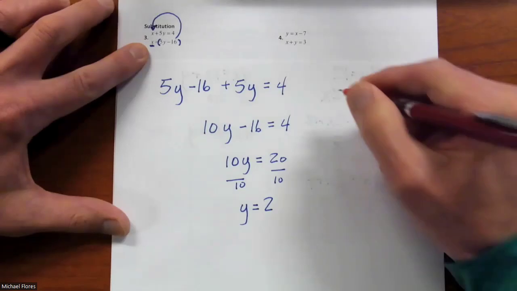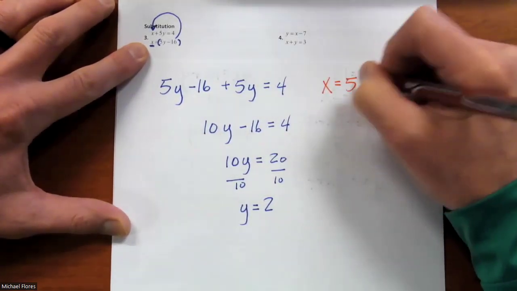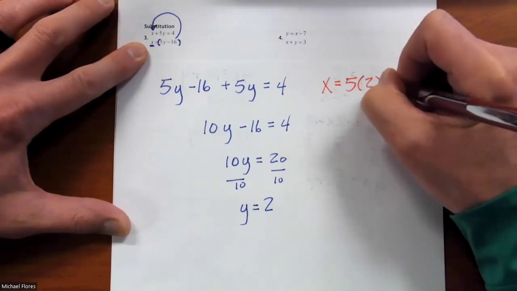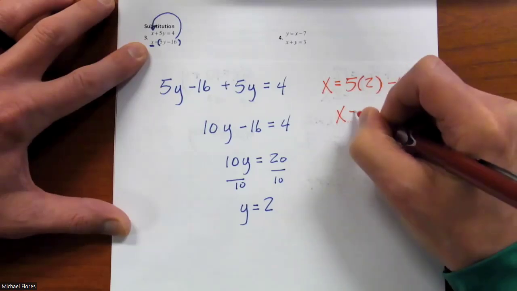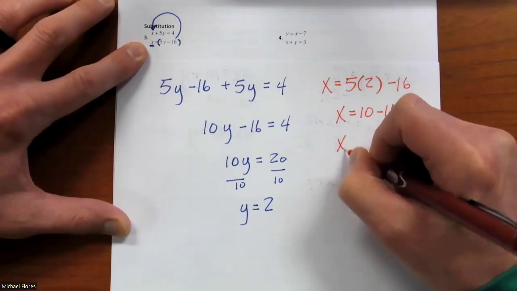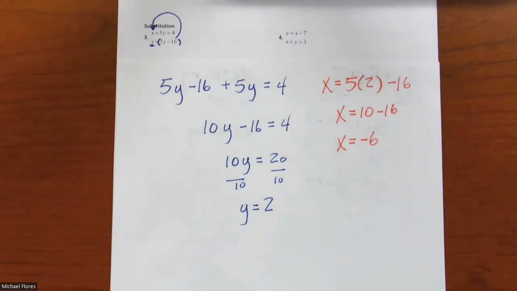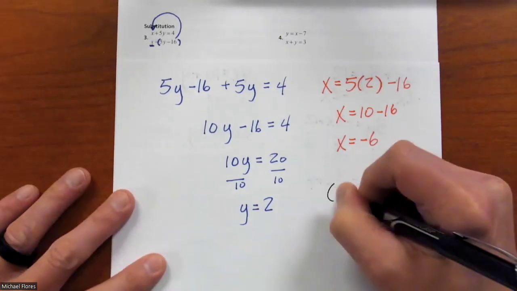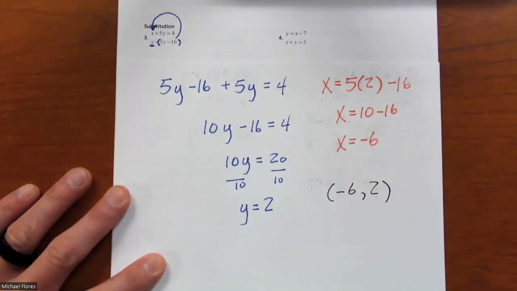Let's use the bottom equation here. x equals, instead of 5 times y, well, y is 2. 5 times 2 is 10. And minus 16 is negative 6. And now we know what our one solution is to this system of equations. Our one solution is negative 6, comma 2.